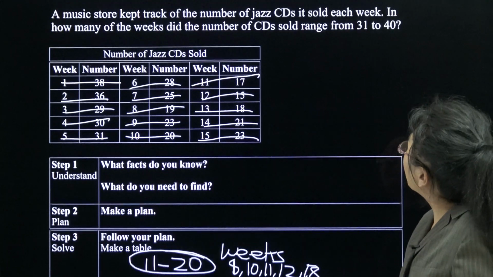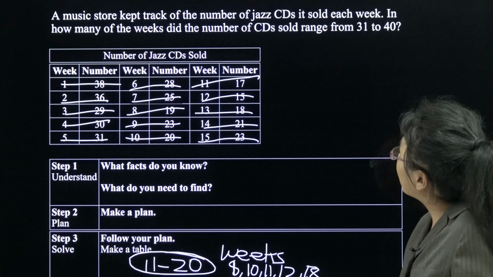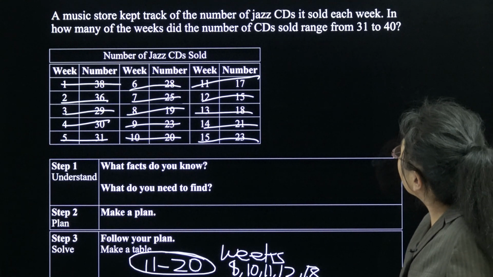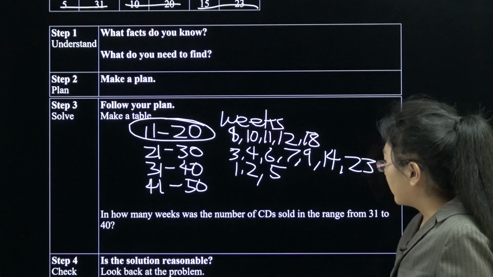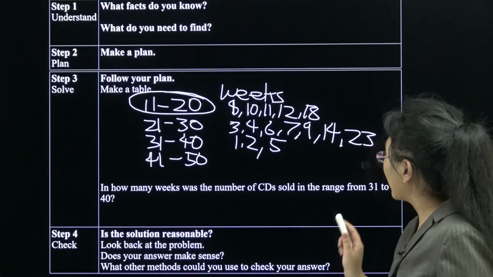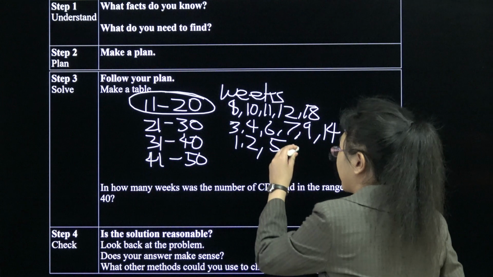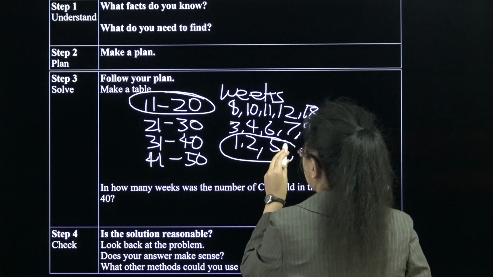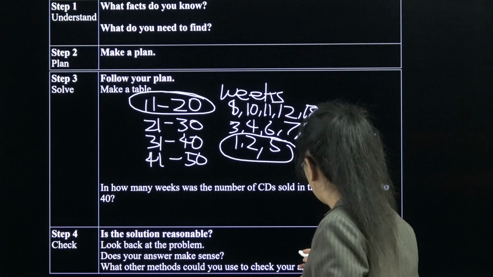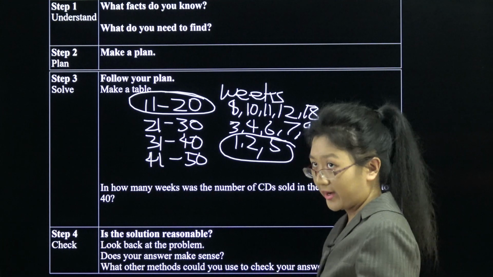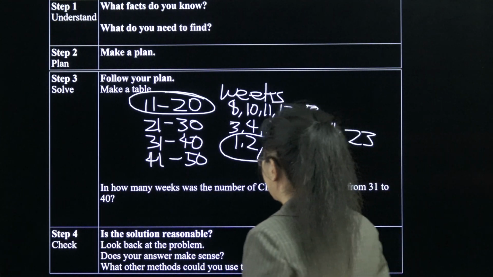Now we got to remember what the question is asking us. So it's how many of the weeks did the number of CDs sold range from 31 to 40? So it's asking in how many weeks? Now the range from 31 to 40 is this part. So in 3 weeks, the number of CDs sold was in the range from 31 to 40.